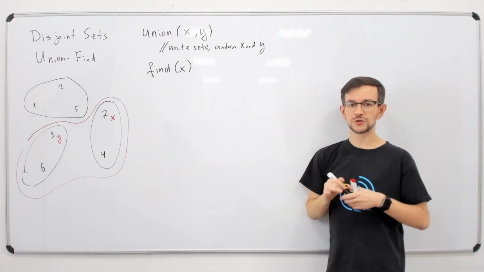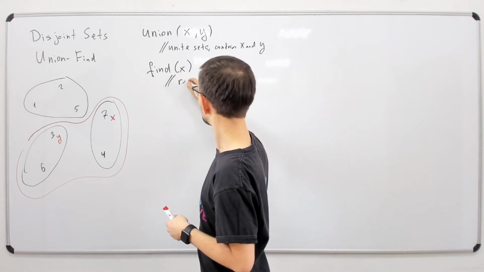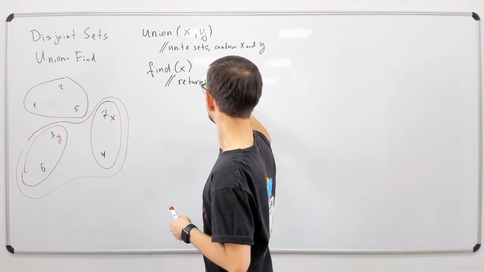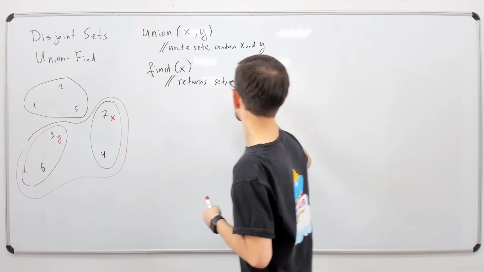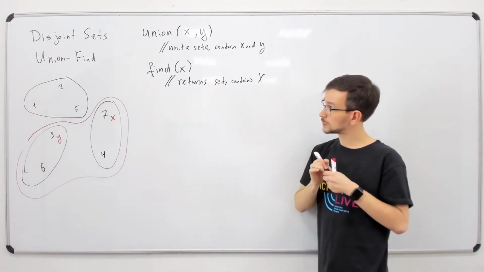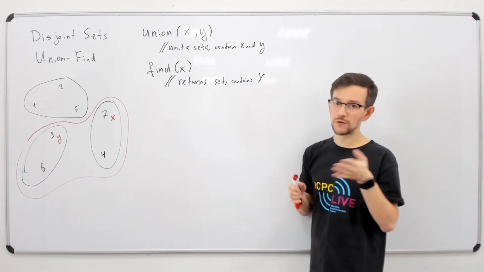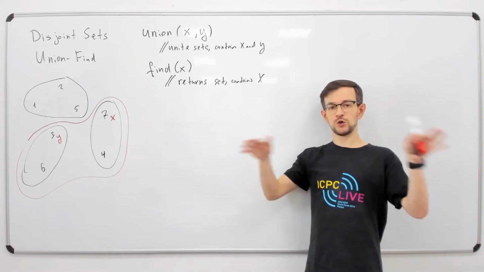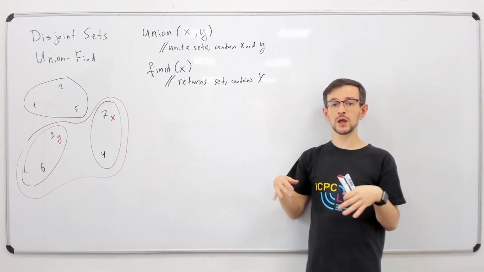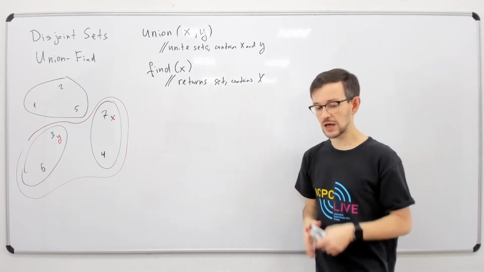This function returns the set which contains element x. That's all. We have these two operations. The first operation is just unite two given sets into one, and the second operation is return the set which contains the given element. That's simple.